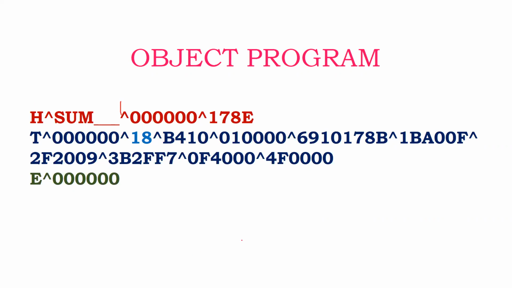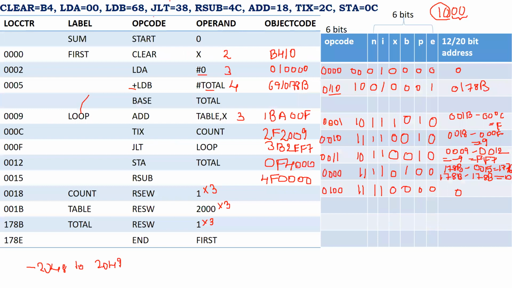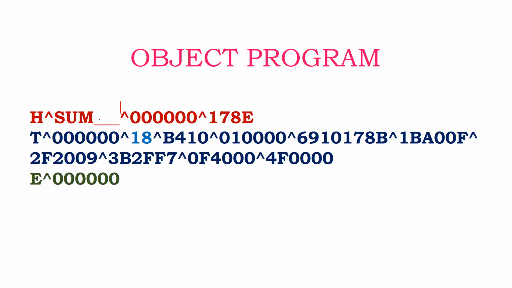Here the name is SUM, so SUM is written, and the next 3 columns are blank. Next, the next 6 columns are the starting address, and then the next 4 columns are the length of the program.